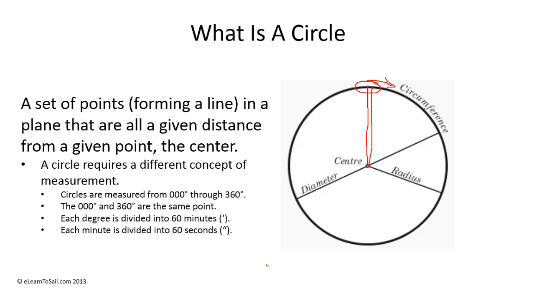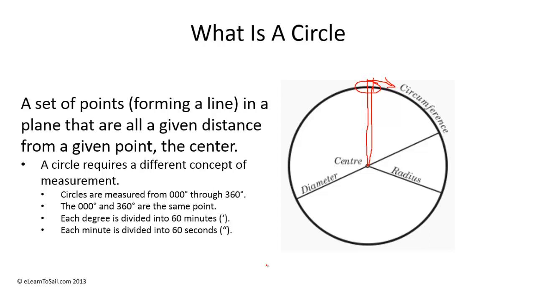Each degree is divided into 60 minutes, and each minute is divided into 60 seconds. So in 1 degree, there are 3,600 individual segments. So there are 60 seconds within a minute and 60 minutes within a degree. So 60 times 60 is equal to 3,600. So each degree contains 3,600 increments.